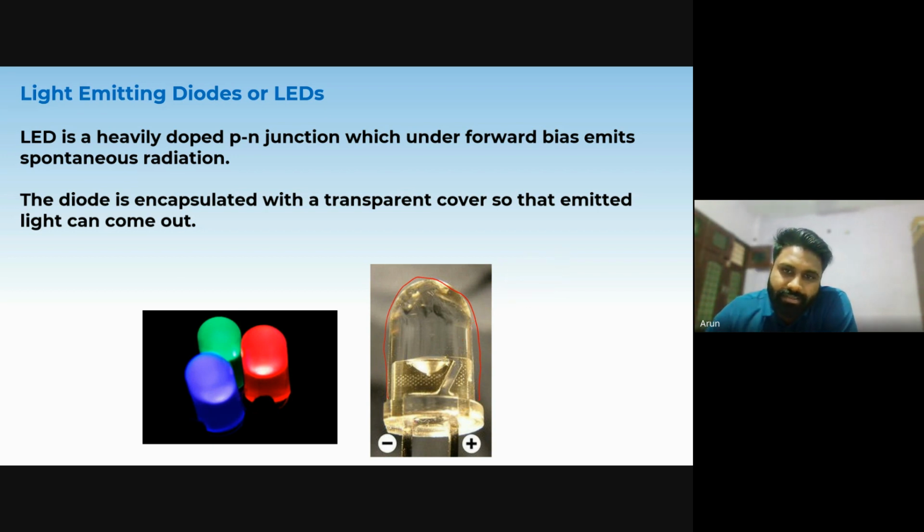That is why we have used this term encapsulated, with a transparent cover so that the emitted light can come out. This will be a transparent cover so that the emitted light would immediately come out from it, and we will be able to see it. Okay.